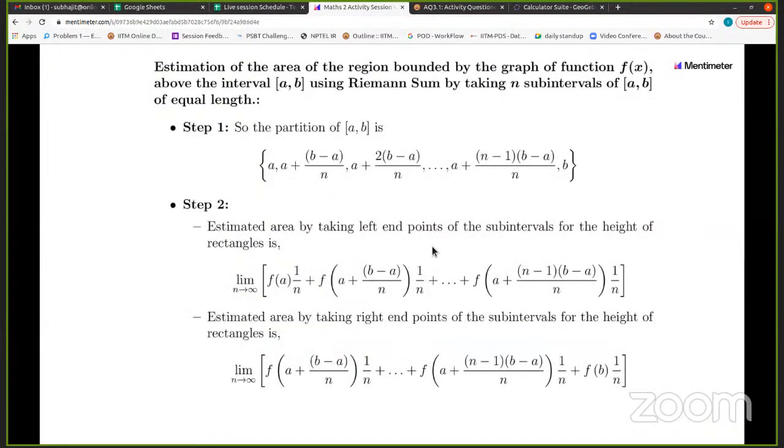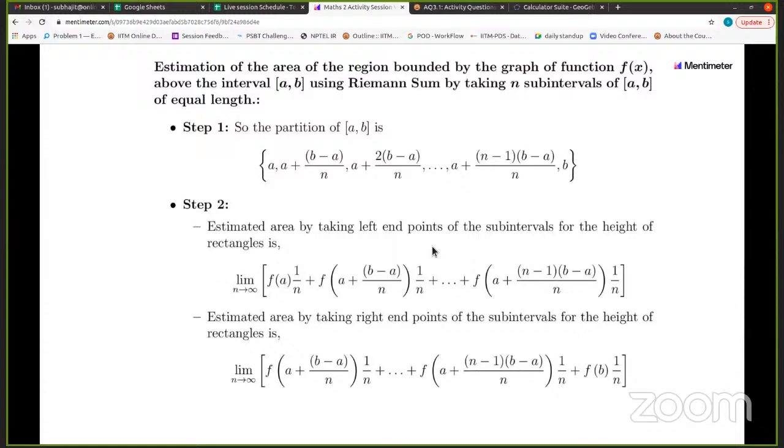So some of you have asked earlier, what about this Riemann sum? One kind of question I have given in the practice assignment and also in the graded assignment: estimation of the area under a graph in the interval AB using Riemann sum, taking n subintervals of equal length on AB.